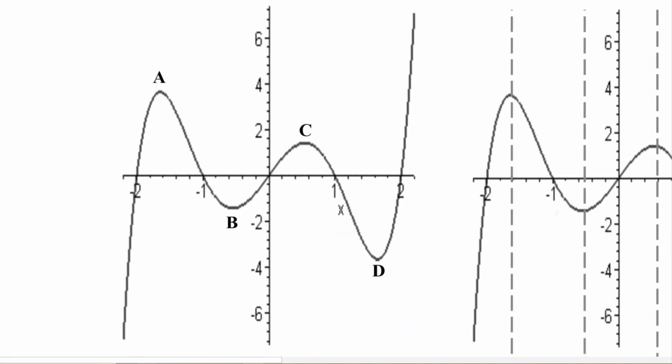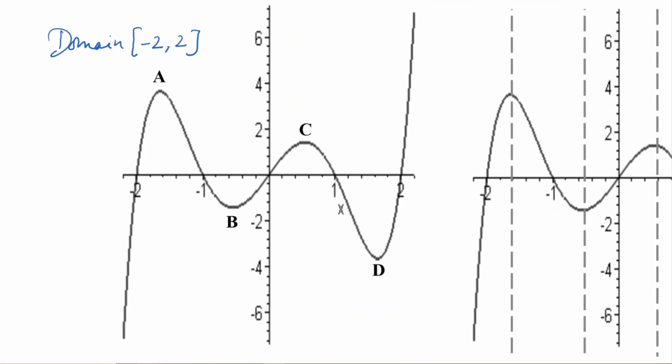So if we look at the curve on the left, and let's say we are working with this domain -2 to 2. First of all, if I ask you to find all the roots, roots are where it crosses the x-axis. So these are our roots of the function.